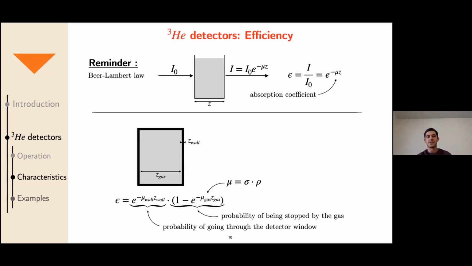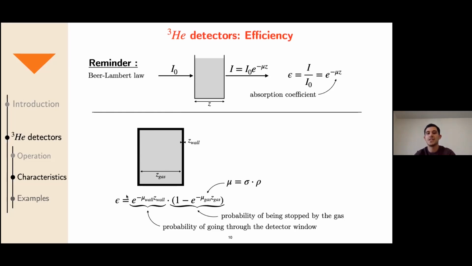So for the detector now, we want the neutron beam to pass through the wall of the detector, but we want the neutron to be stopped by the gas.